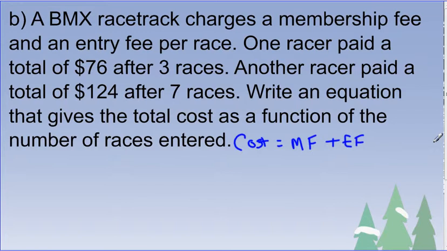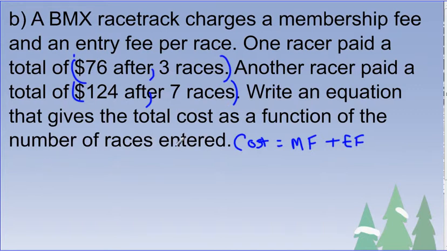Okay. So let's see. Well, to me, this information here looks like that. $76 for 3 races, $124 for 7 races. What if that's like our X and Y values?